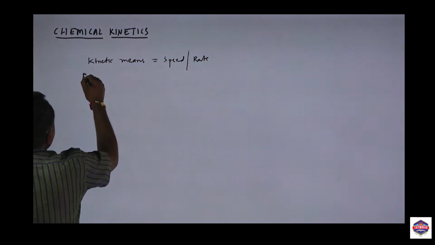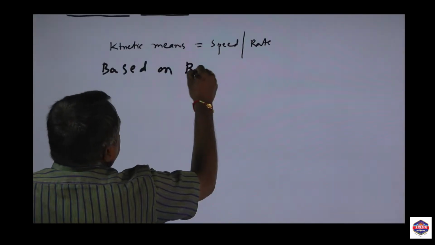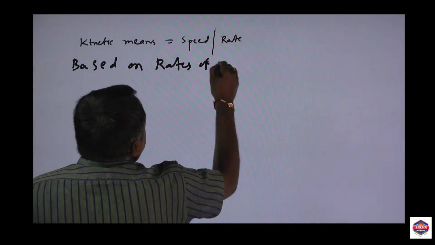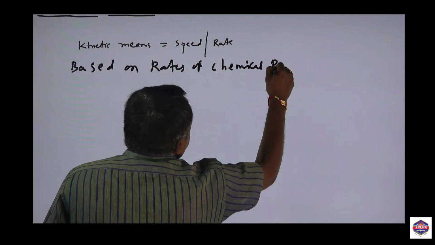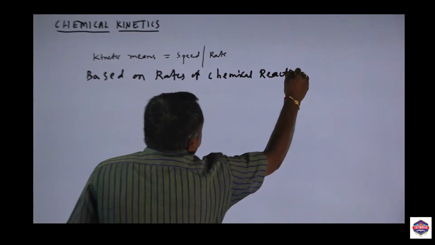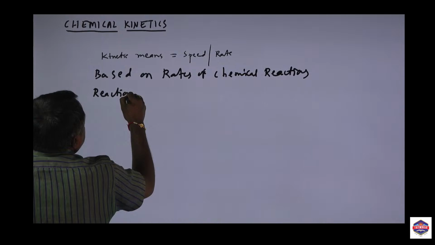So based on rates of chemical reactions, reactions are divided into three different types.